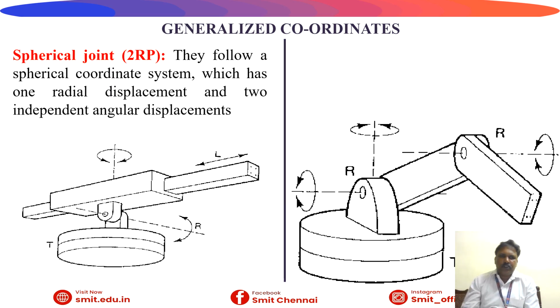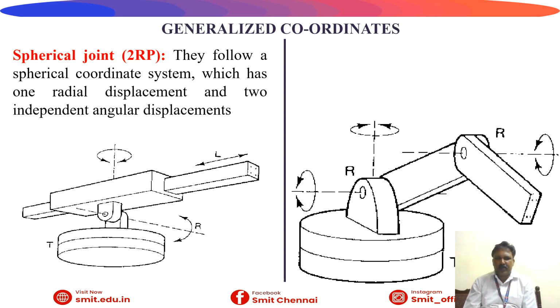Now the spherical joint. What is that? While moving, it will form a spherical shape. We can see the path is spherical. As I told, in the first type, the gantry, we got a rectangular box type of path. Here we can see a spherical type of shape. It has one radial displacement and two independent angular displacements.